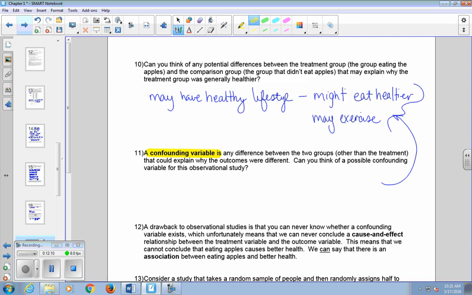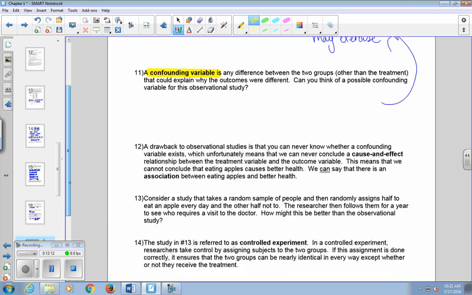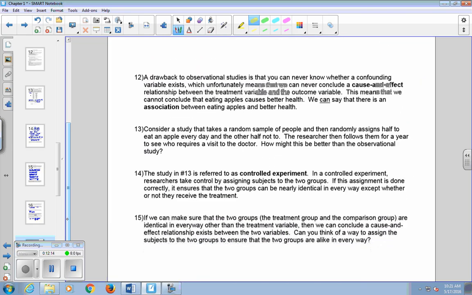The major drawback to an observational study is that you can never know whether a confounding variable exists, which means that we can never conclude a cause and effect relationship between treatment and outcome. So we can say that there's an association between eating an apple and good health, but we cannot say cause and effect.